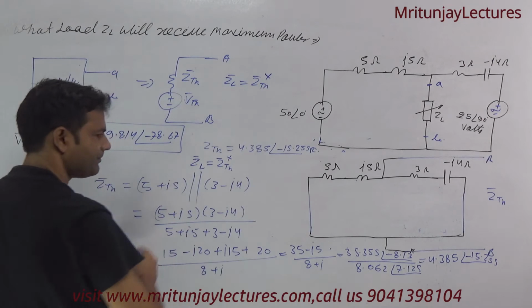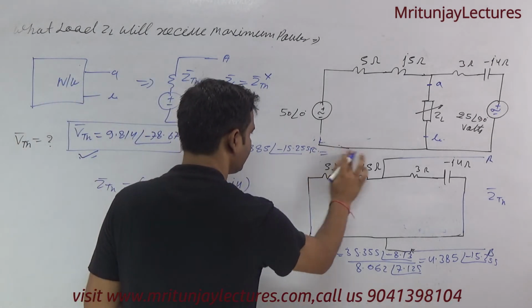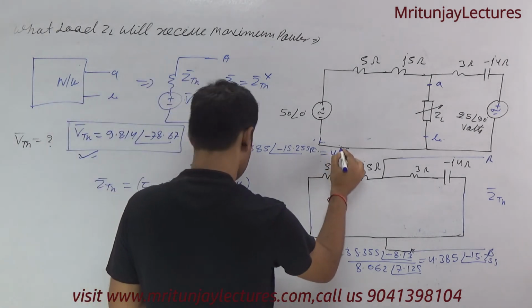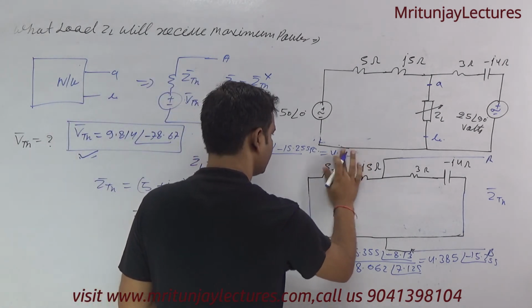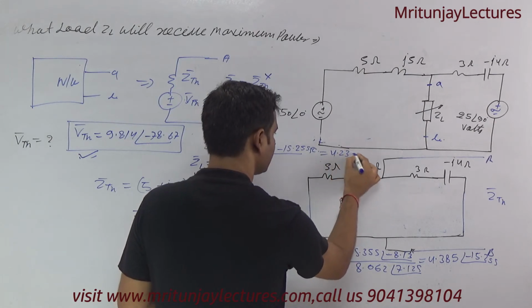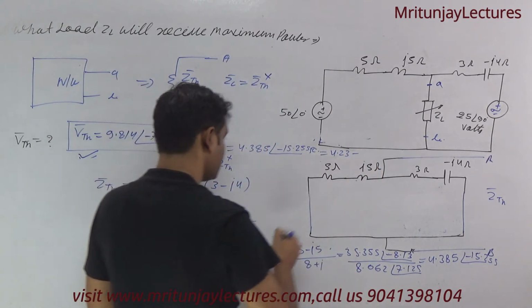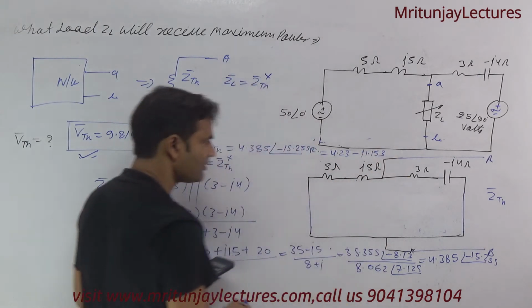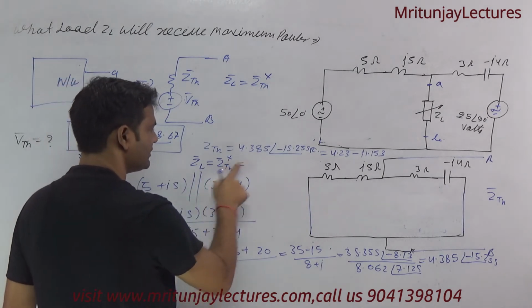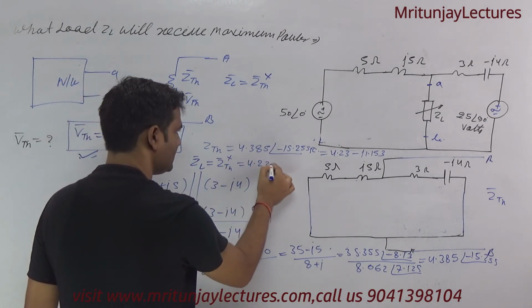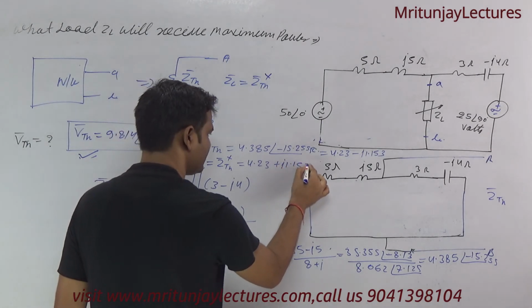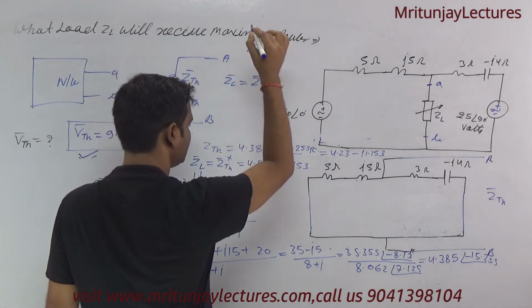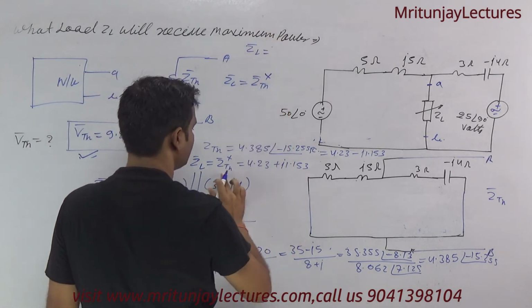So first of all, this one is converted into 4.23 minus j1.153. So the conjugate of this one is 4.23 plus j1.153. So ZL is the conjugate of ZTH.